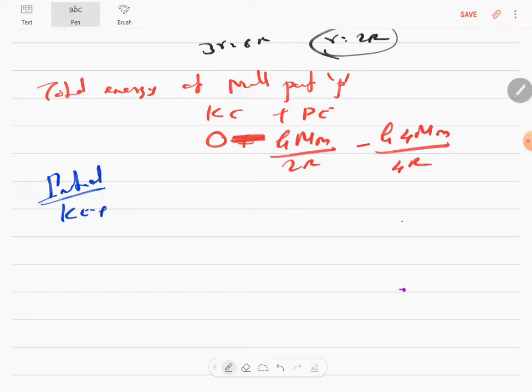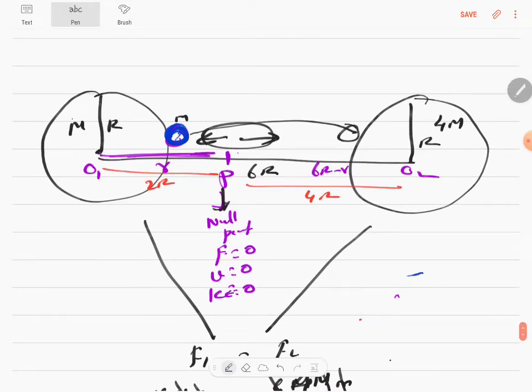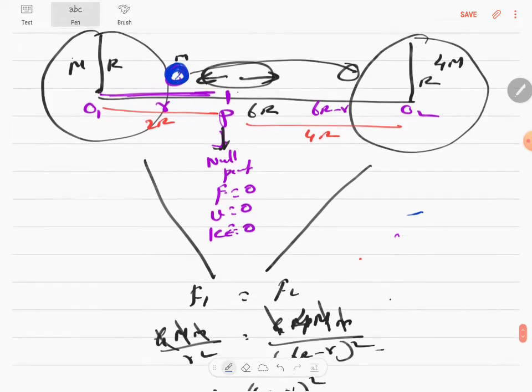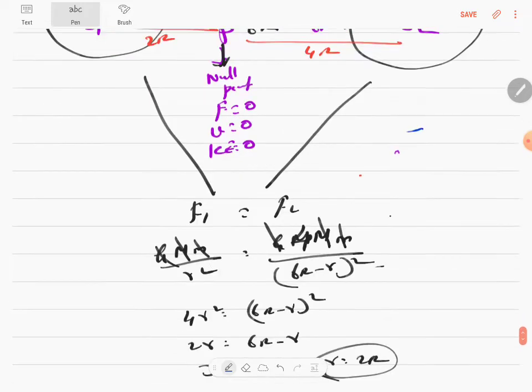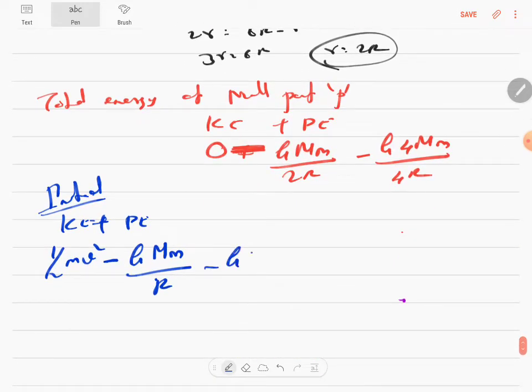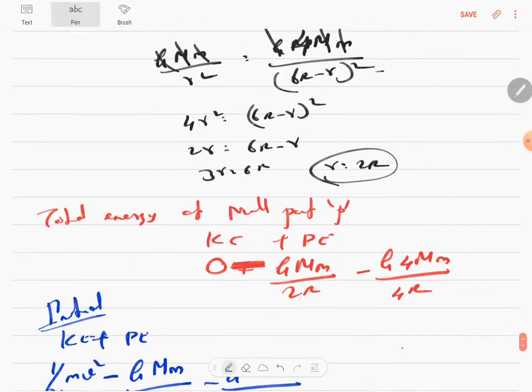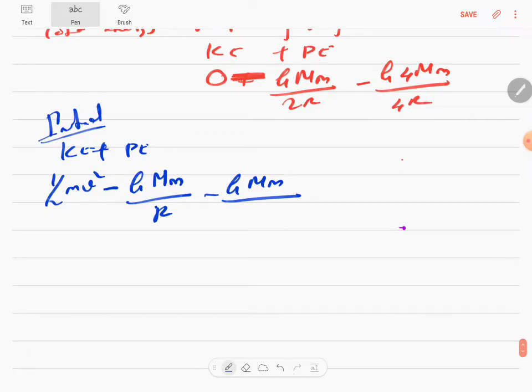Kinetic energy will be half mv square plus potential energy, which will be minus capital G capital M small m by r at the surface due to the left sphere. The potential energy at this surface due to the right sphere will be minus G capital M small m by 6r minus r, therefore it will be 5r.